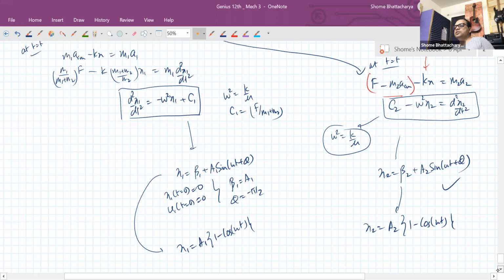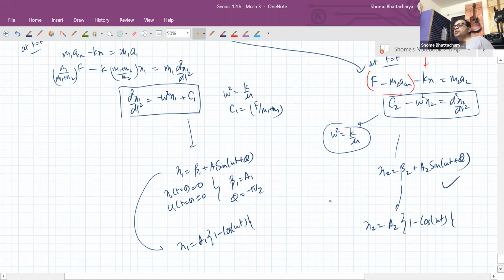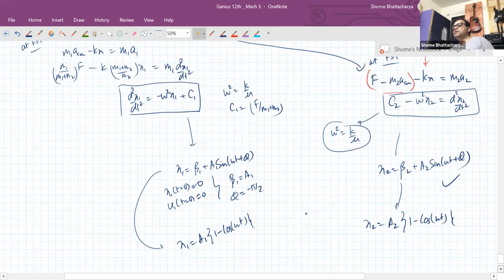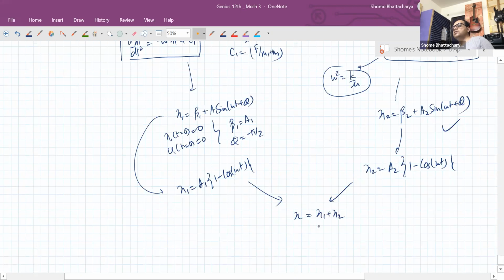Now Aditya, is it clear how we got the SHM equations? So from that I know that the net extension of the spring will also be some amplitude into 1 minus cos omega t, where that amplitude is equal to a1 plus a2.